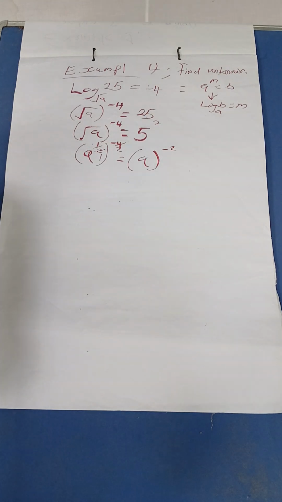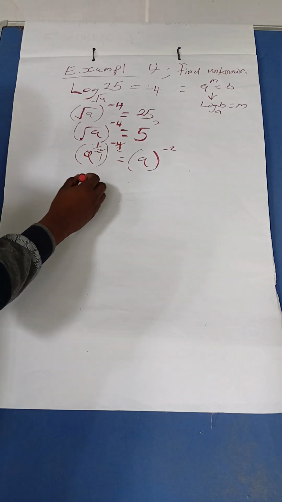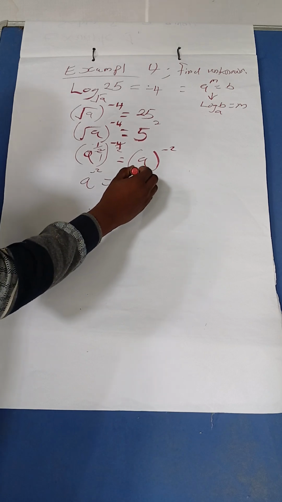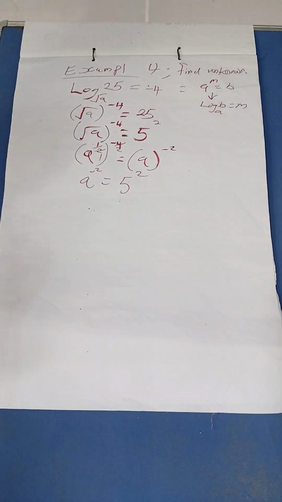So at the end of the day, we will be having a power negative 2 is equals to 5 power 2. So we are heading somewhere. Our aim is to make sure our powers are the same.